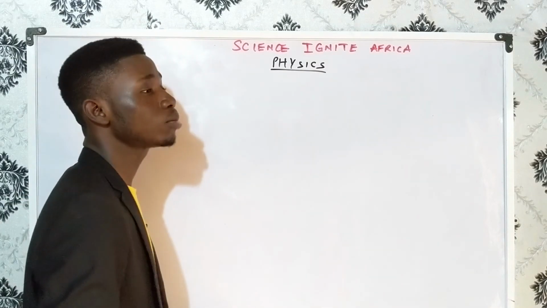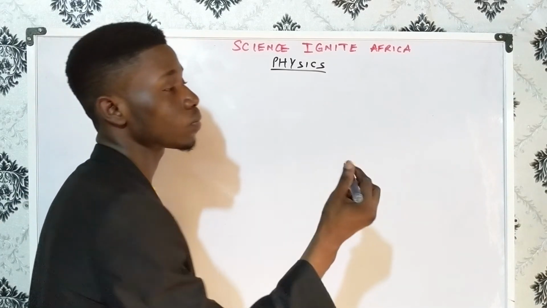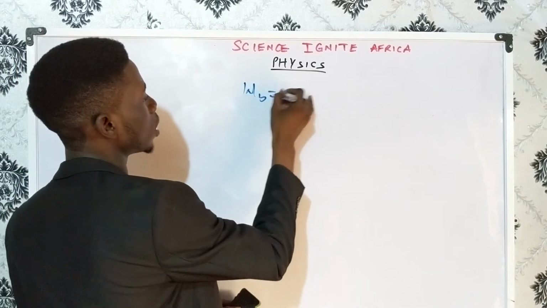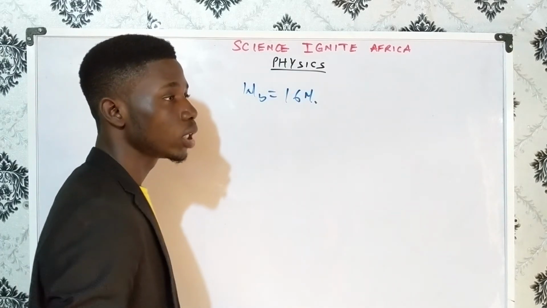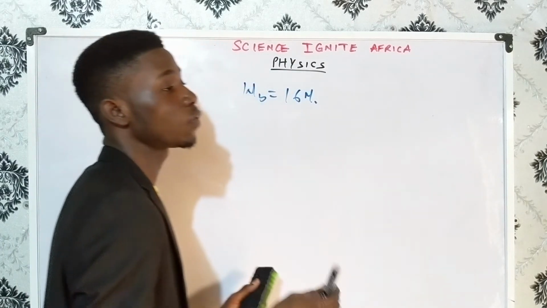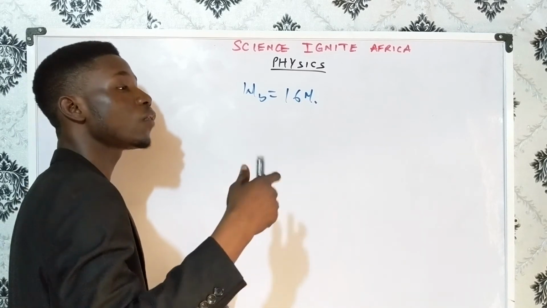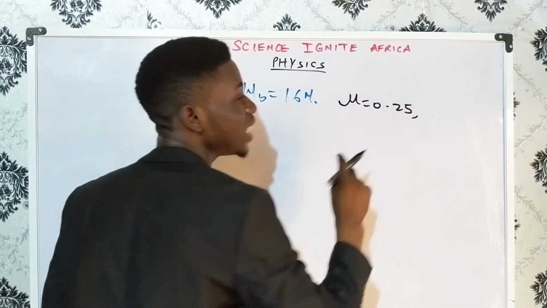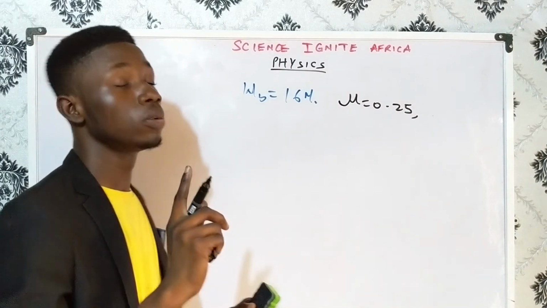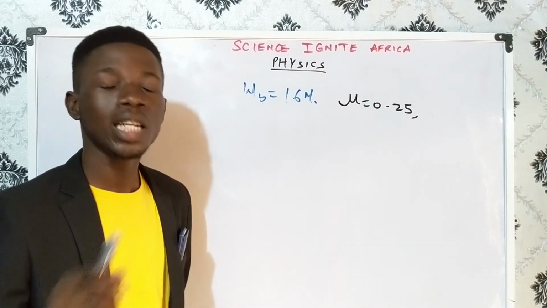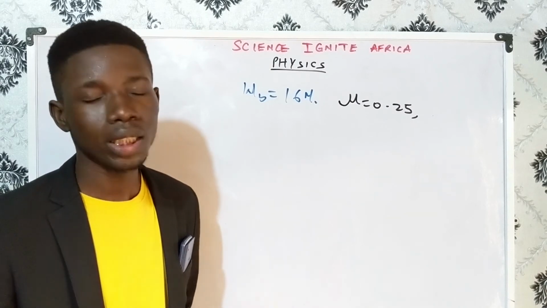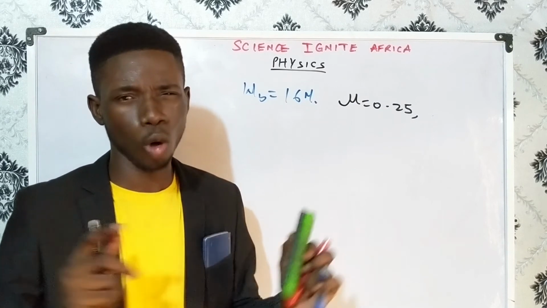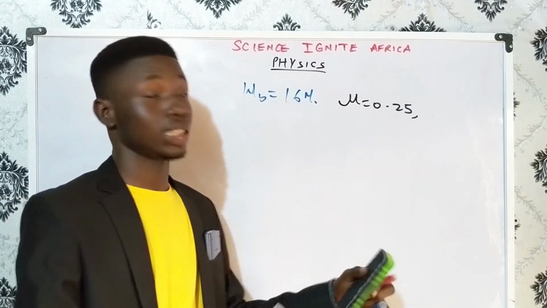So let's move forward. The weight of the block is 16 Newton. It's placed on a rough surface. If the coefficient of friction between both surfaces is 0.25, the least horizontal force required to move the block is, that's another way of saying it, the minimum force that it will require to start moving at all, that's still the frictional force.